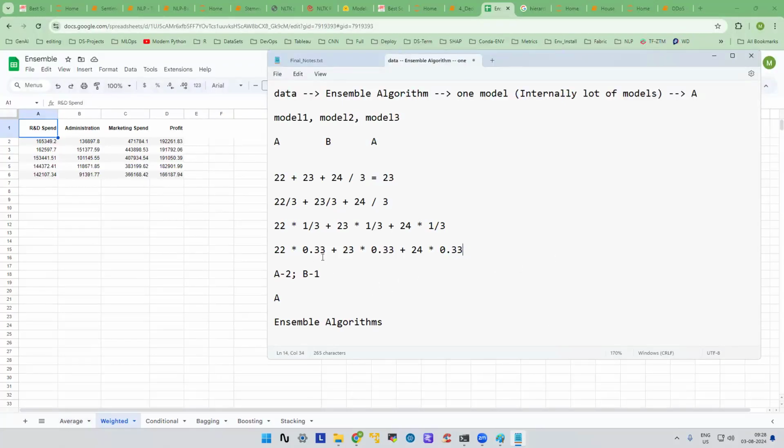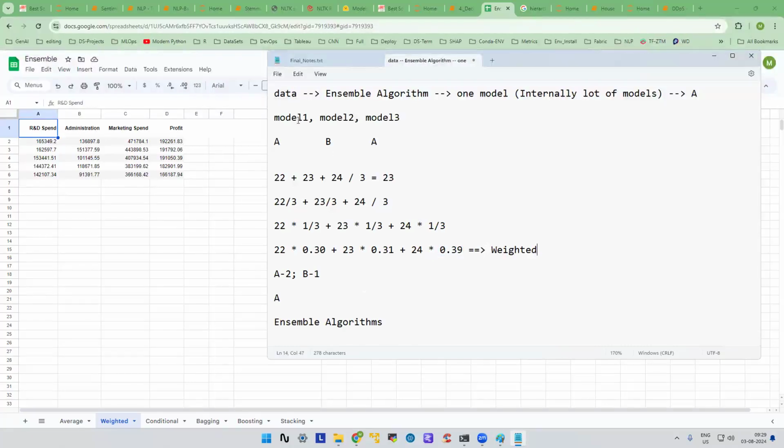Weighted average means there is a possibility that I may give 0.30 only for this, and maybe 0.31 for this, and overall it's going to be 1 again. And for this one we give 0.39. So we are giving more weight to bigger values and less weight to the others. This is going to be the weighted average.